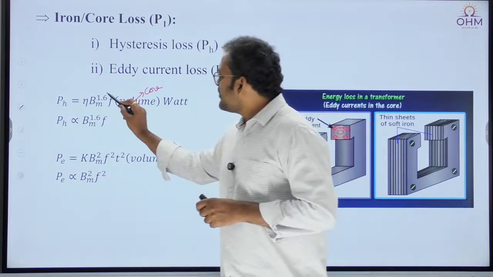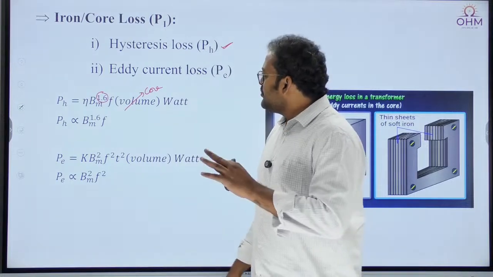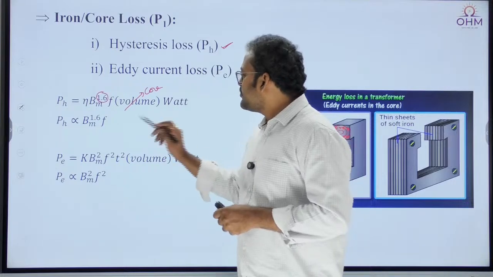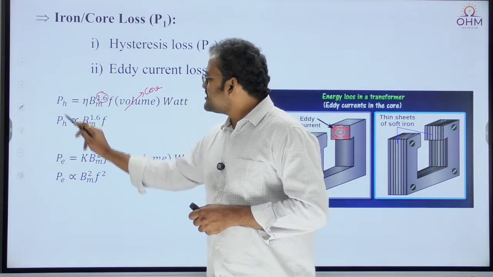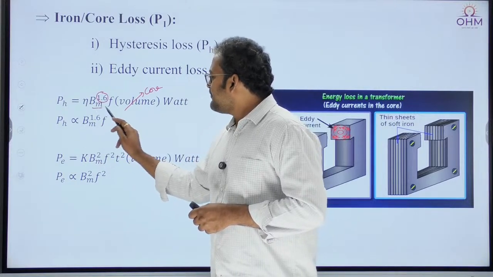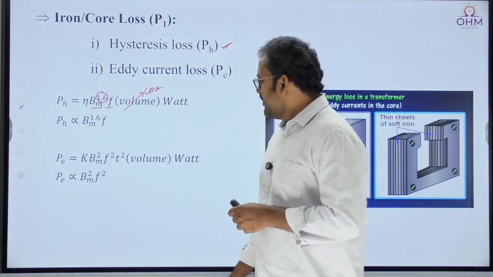And this 1.6 is actually the Steinmetz constant. Once transformer construction is completed, the volume of the core and eta will be constant values. Therefore, hysteresis loss is directly proportional to Bm power 1.6 into F, where F is the supply frequency.